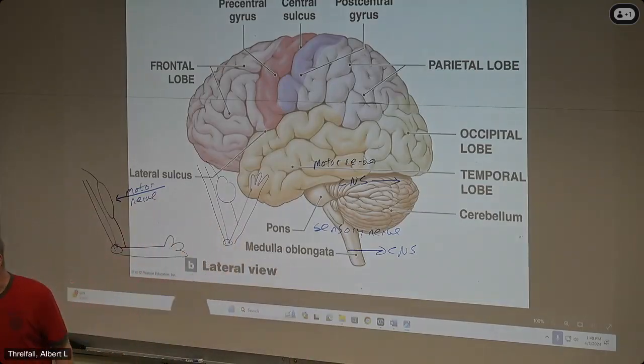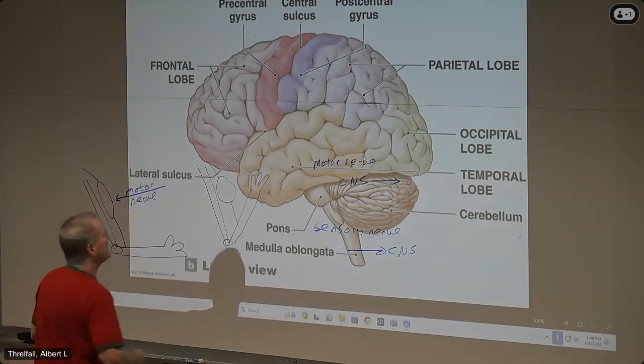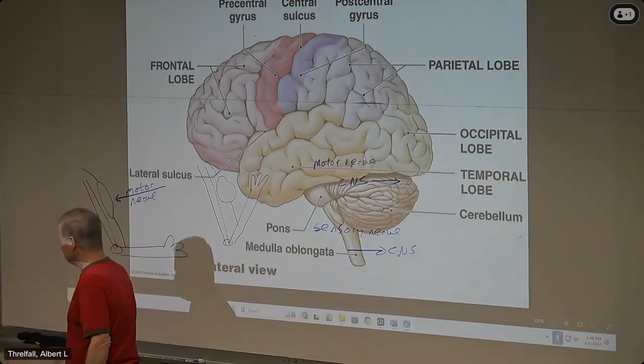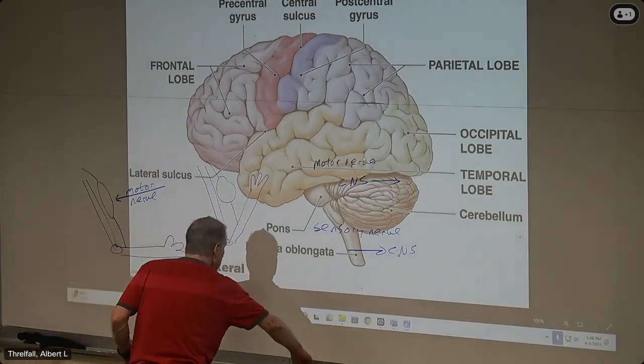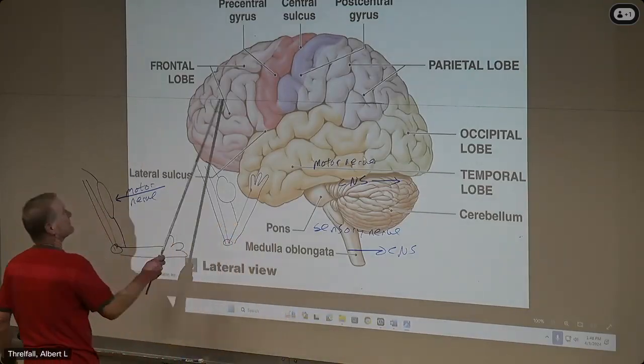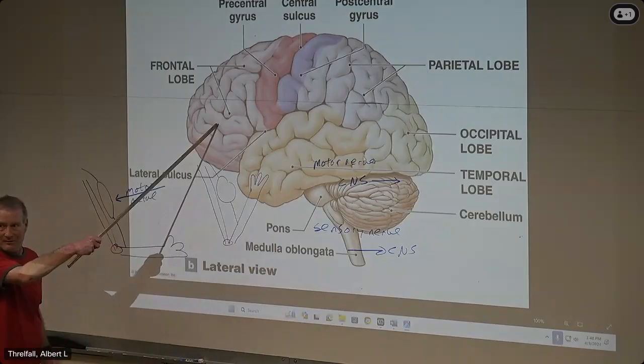If I make the conscious decision to grab my water bottle, the muscles that I use to reach out and grab it, bring it to my face, unscrew it, take it, etc. All of those signals originated in the frontal lobe.